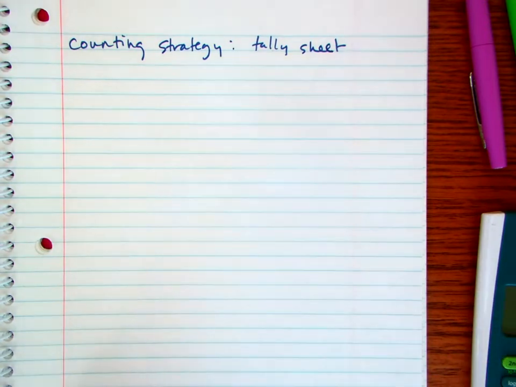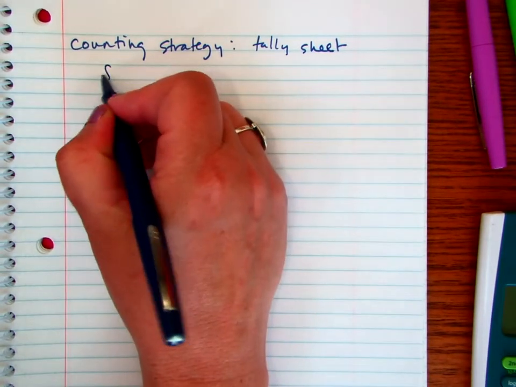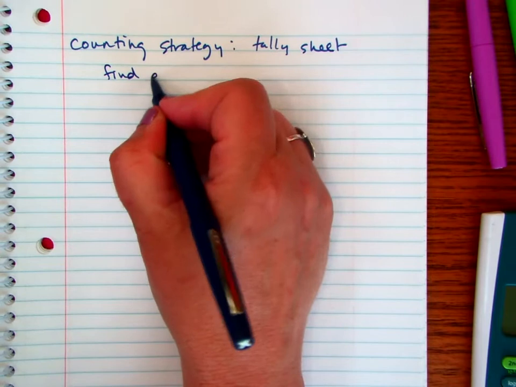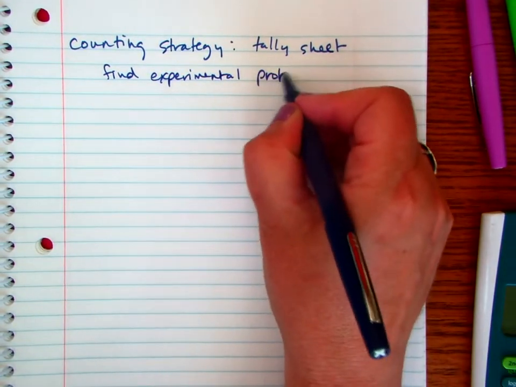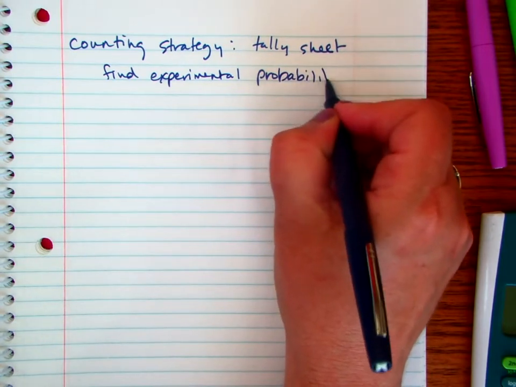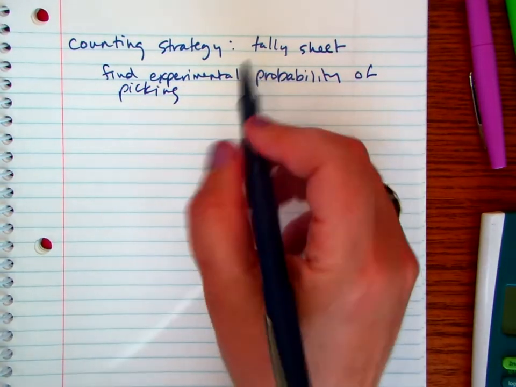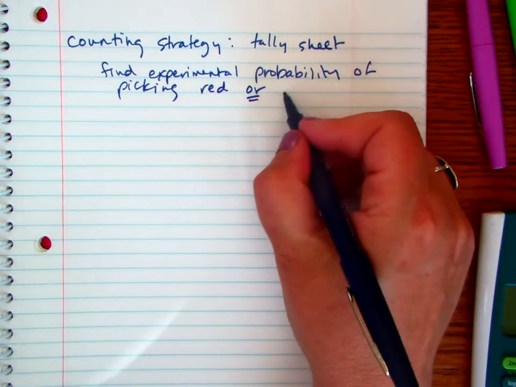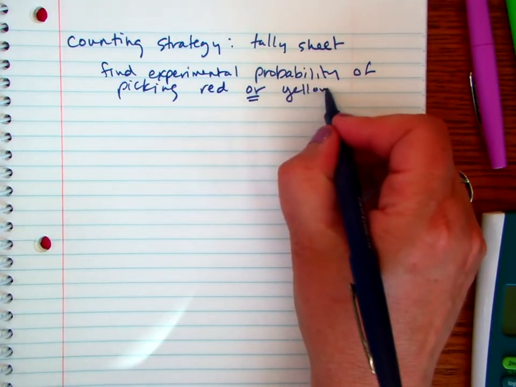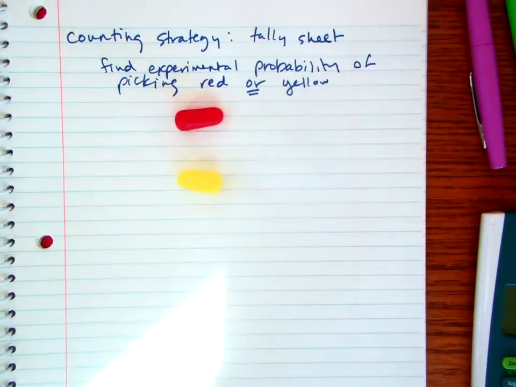So I'm going to pick, let's go 20 times. Okay, so find a probability. Let's find the experimental probability of picking, let's go a little bit wild, red or yellow. So we're going to say either picking this or picking that.